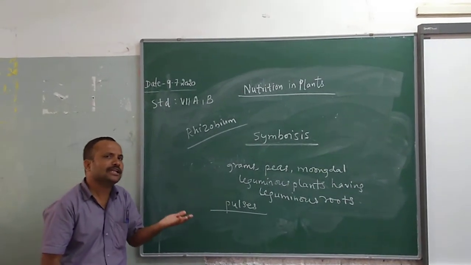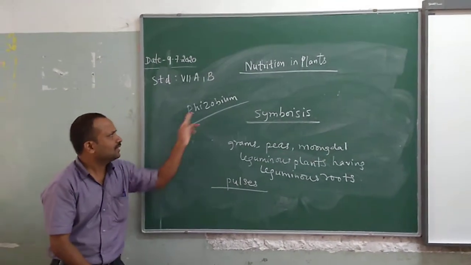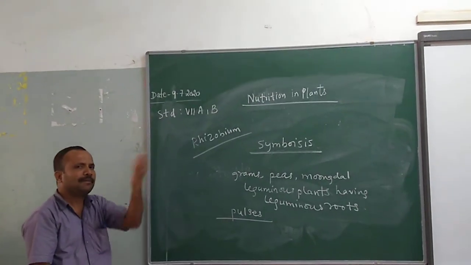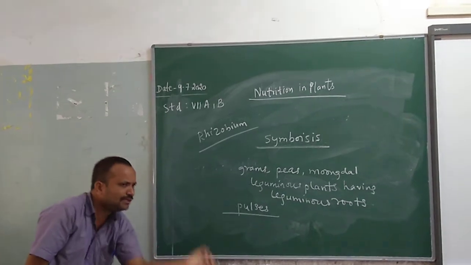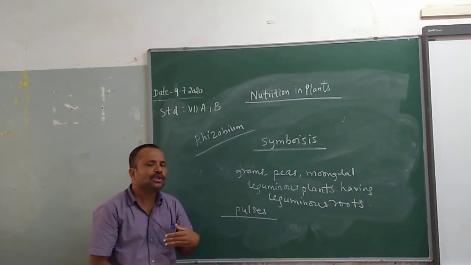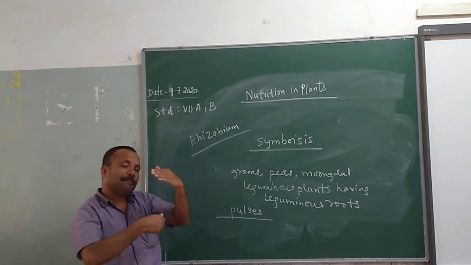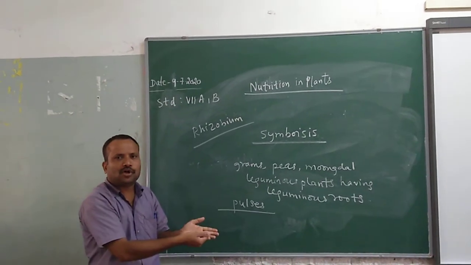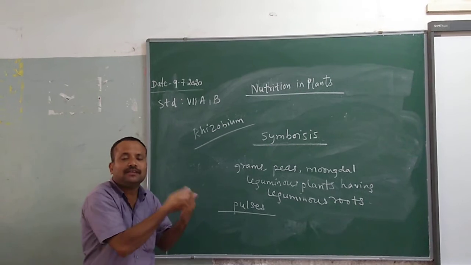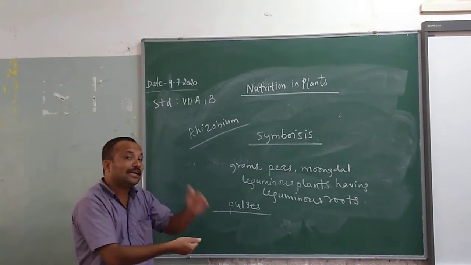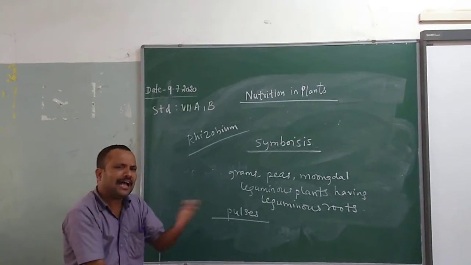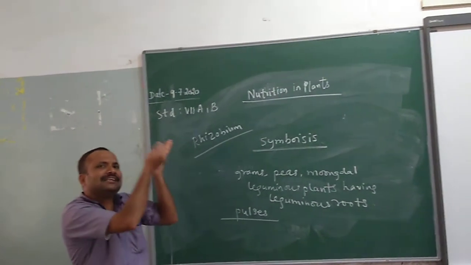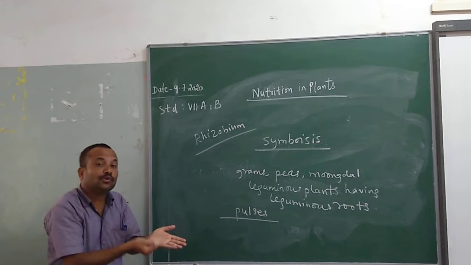So the plant gives shelter and nutrients for rhizobium. Rhizobium will also help the plant by absorbing the atmospheric nitrogen, converting it into usable nitrogen form and mixing it in the soil so that roots can absorb it, the plant can grow well, and we get good crops.